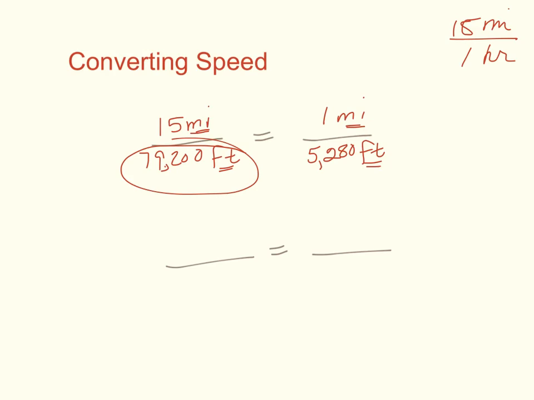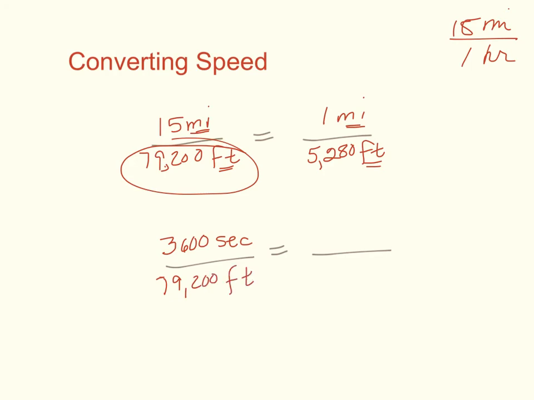So 60 times 60 is 3,600 seconds. So that's the same as an hour. Okay? And that is going to be how many feet we traveled. That big number up there.